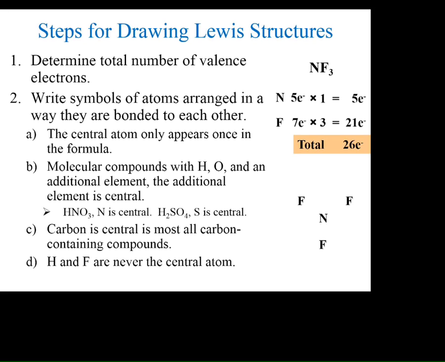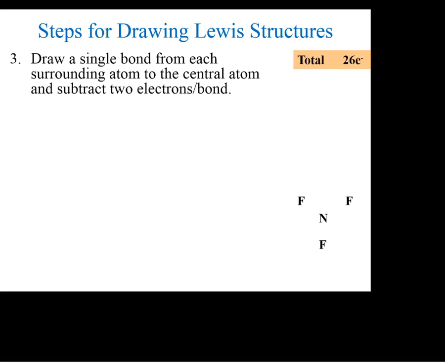Okay, rule 3. Now we're going to actually connect all of the atoms with bonds. So we're going to draw a bond between every nitrogen and fluorine. And every bond has how many electrons in it? 2. So for every bond you draw, you're going to subtract 2 electrons out of your total. In this case, I'm going to draw 1, 2, 3 bonds.